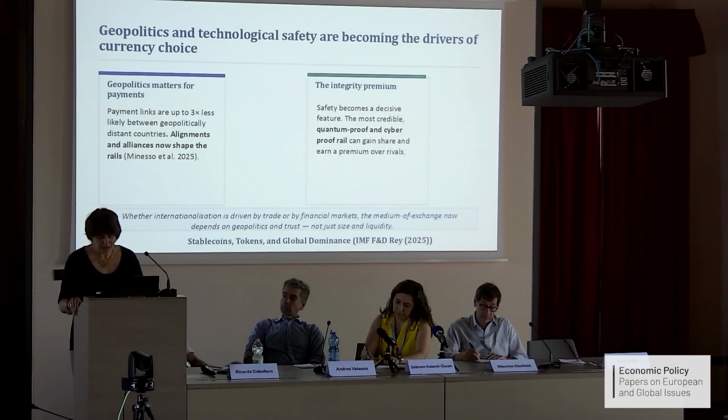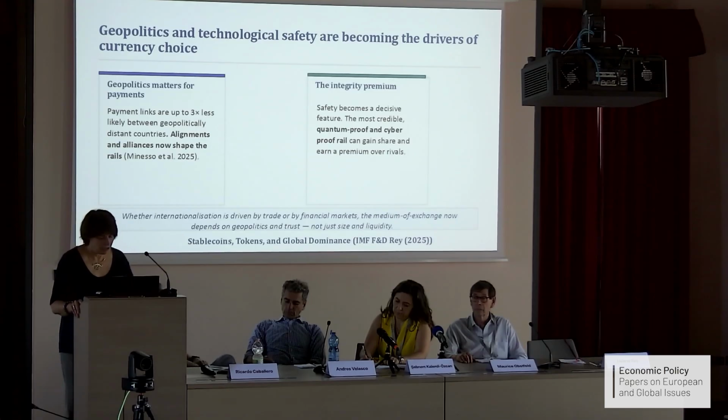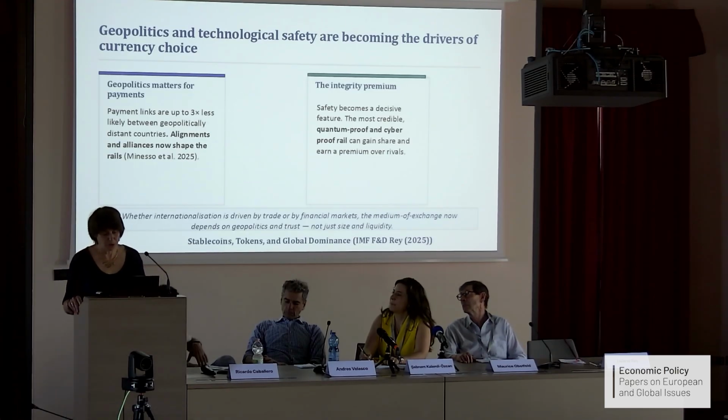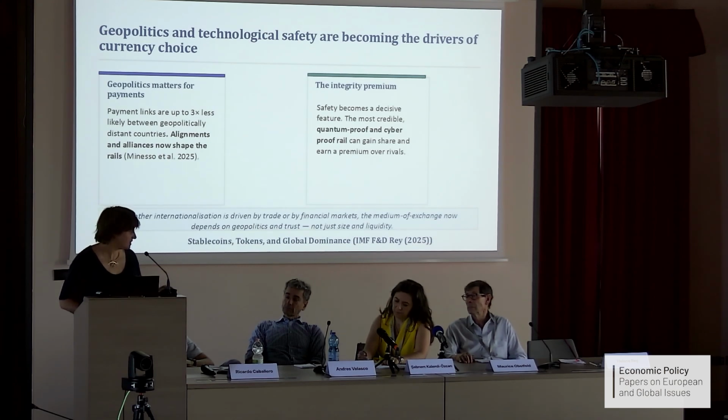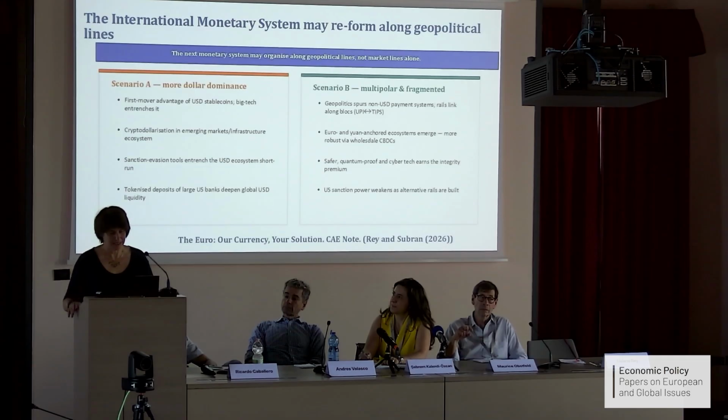I also think that there's going to be fragmentation, possibly, of payments for other reasons, which may be more technological, which have to do with the technology themselves and how safe they are. Again, question of trust and cybersecurity, which in the world also of geopolitical conflicts is a very, very rising risk.